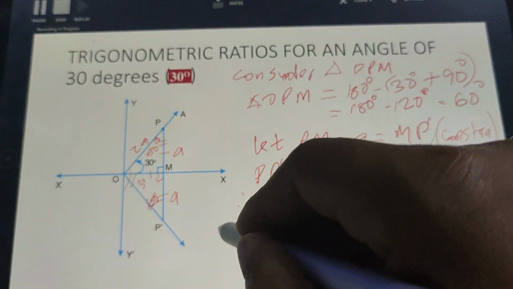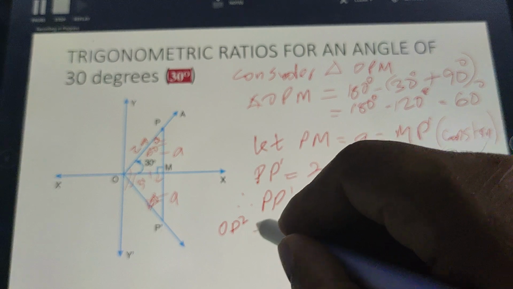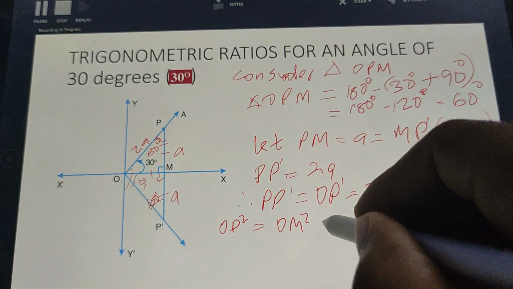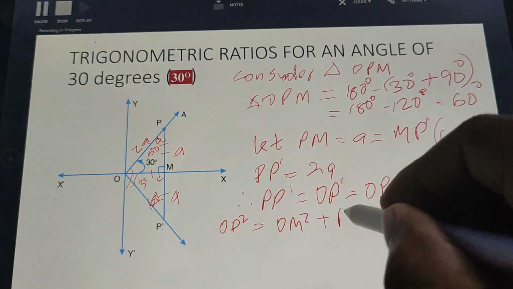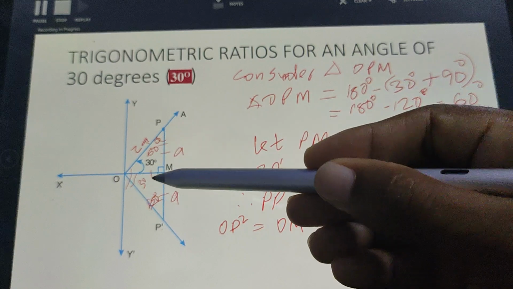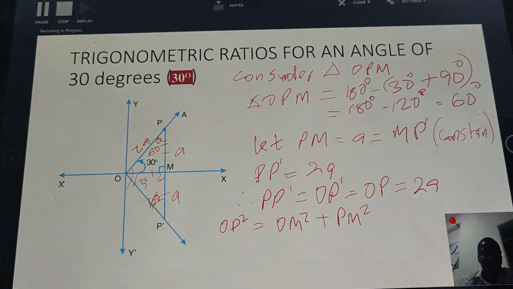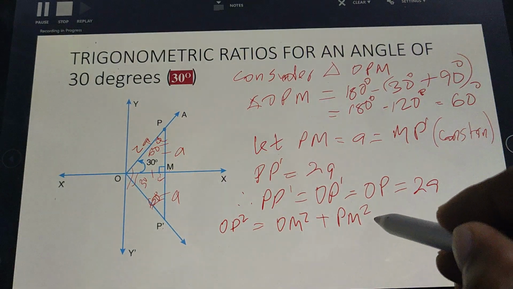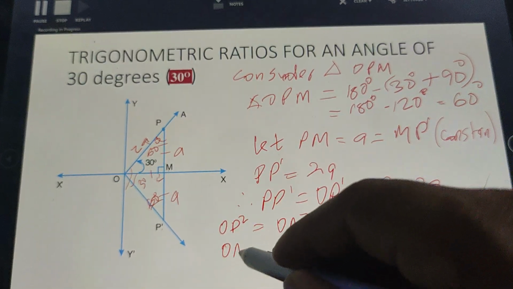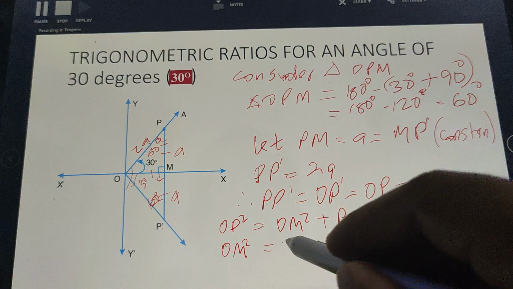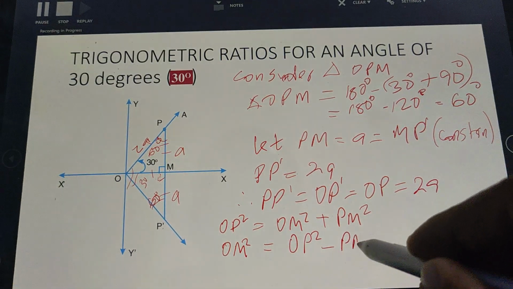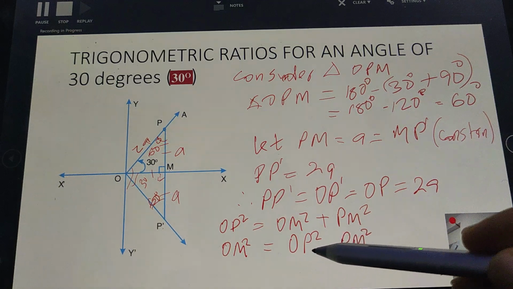Now we are going to use Pythagoras theorem. Using Pythagoras theorem, we know that OP squared should be equal to OM squared plus PM squared. In this case, this is what we want. OM squared should be equal to OP squared minus PM squared.